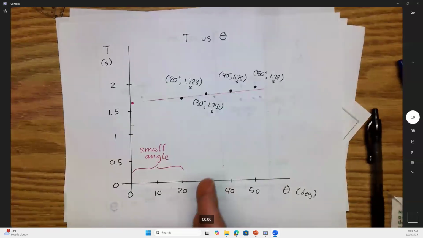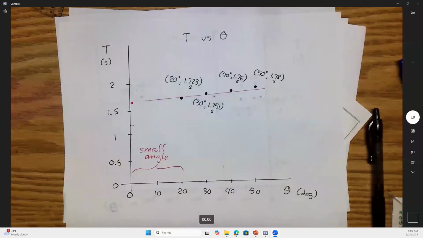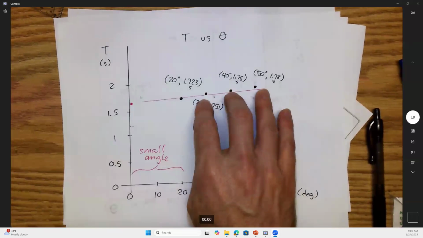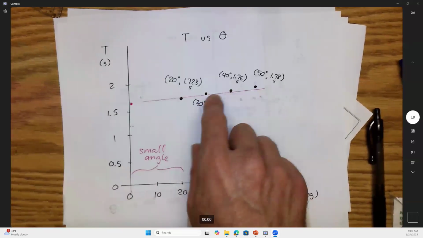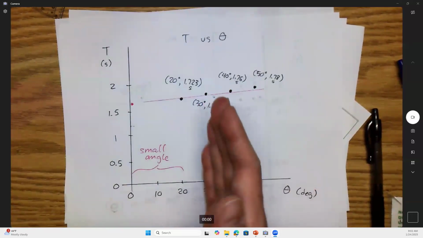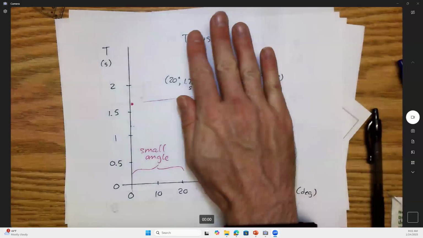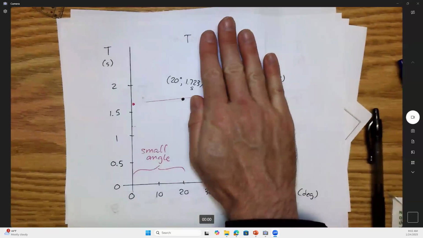Because when you get the angle too big, this formula we're headed towards maybe doesn't describe it exactly. So maybe that's why these points don't lie exactly on a constant line, it slopes up a little bit. Really what AP considers is just this part of the graph right here, which is going to be pretty well constant.